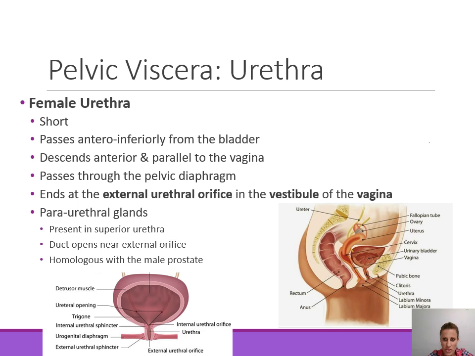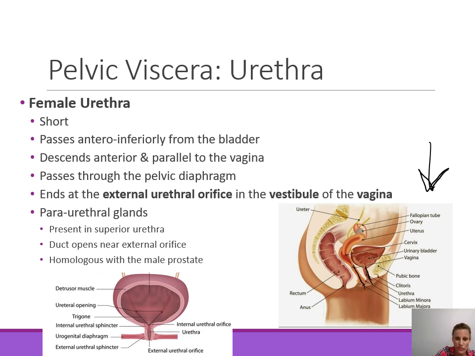So if you look at this picture right here in the bottom right, you see this is the urethra and this is the vagina. So they pass just parallel to each other as they go towards the vestibule of the vagina.